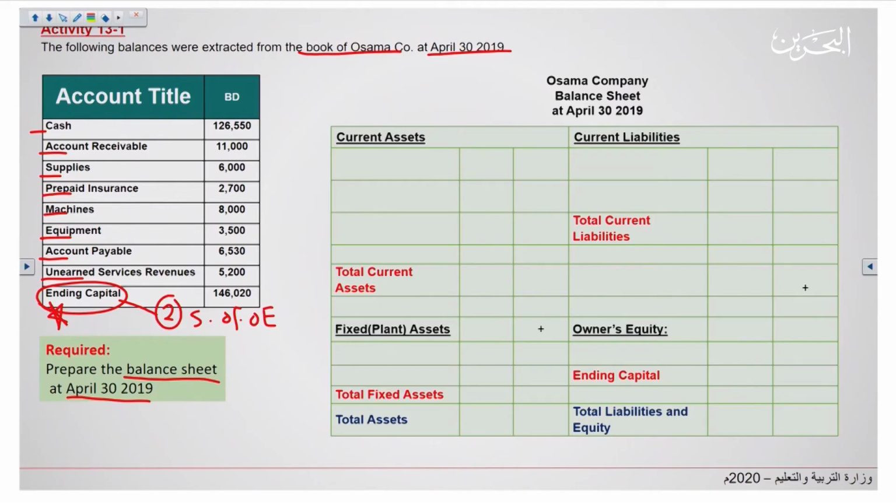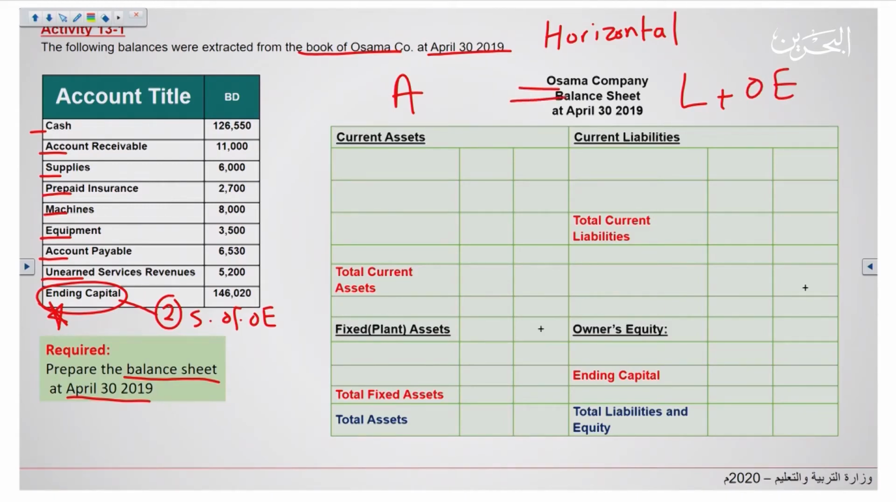The layout of this balance sheet is obviously horizontal, because we are listing the assets on the left side and the liabilities with the owner's equity on the right side. Now we want to make sure that this formula is balanced.